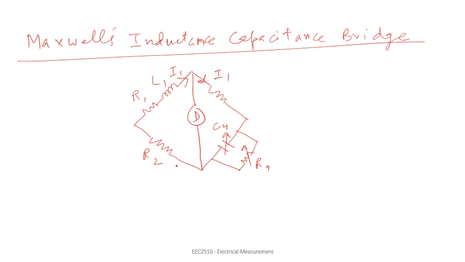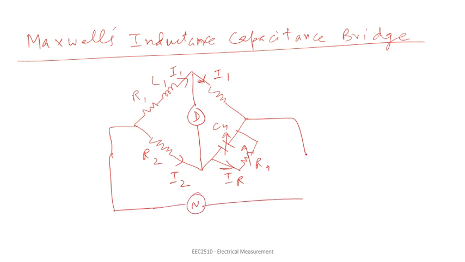So this is I1, this is I2, this is IR, and let us place an AC source in this circuit.